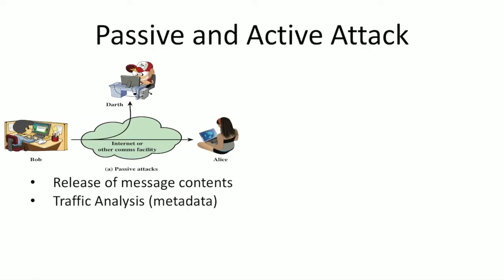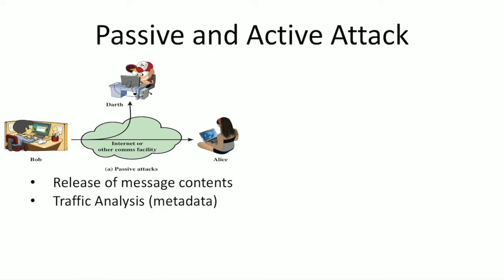Traffic analysis consists of analyzing encrypted data transmissions to deduce information from patterns in the communication. For example, examining the frequency or the length of the encrypted messages in order to guess the nature of communication taking place.